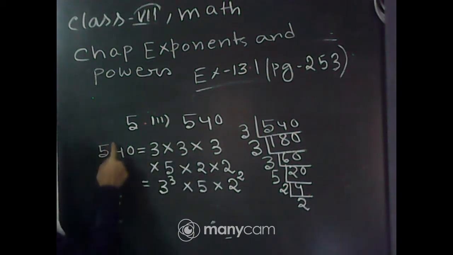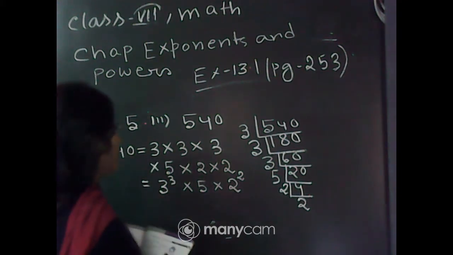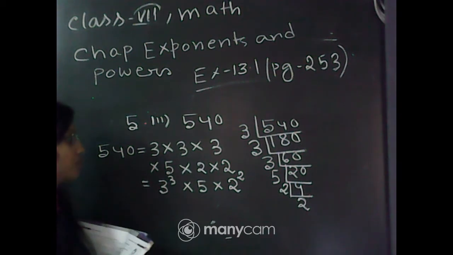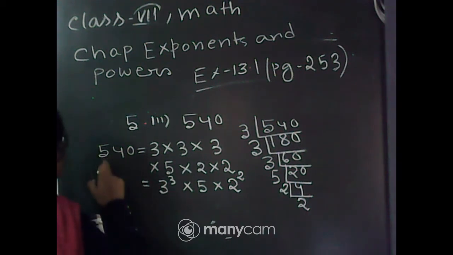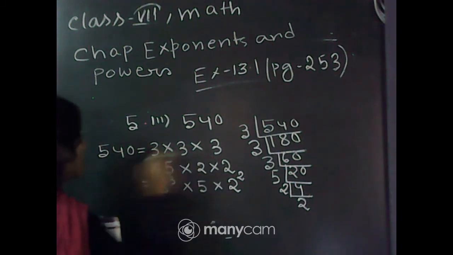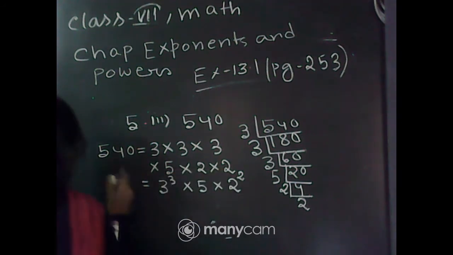First we write 540 as a product of prime factors, and we use the prime factorization process, and we find that 540 is equal to 3 cross 3 cross 3 cross 5 cross 2 cross 2.